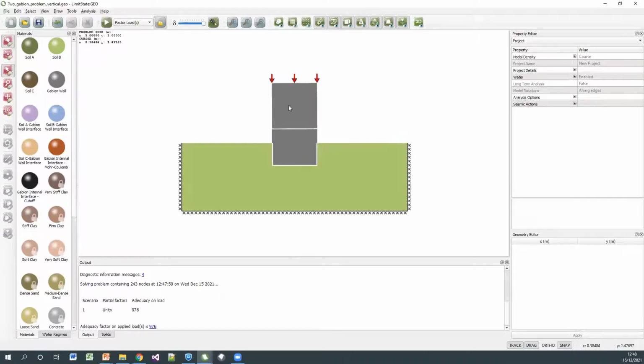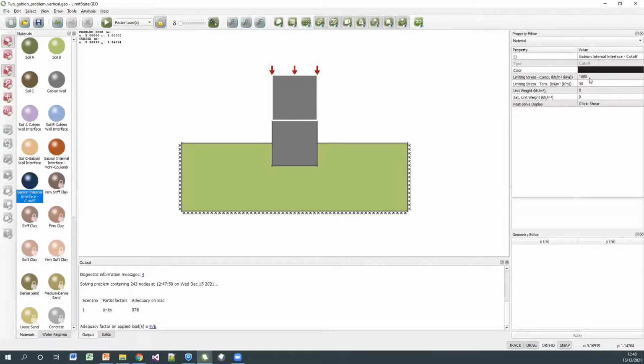This time, effectively, the block moves down. It's failing by crushing the top surface here. And what it's having to do is overcome this compressive strength of 1000. So we've got a force on the top of the block of 976. We have to add the weight of the block, which is 24. That gives us 1000, and it fails that way.